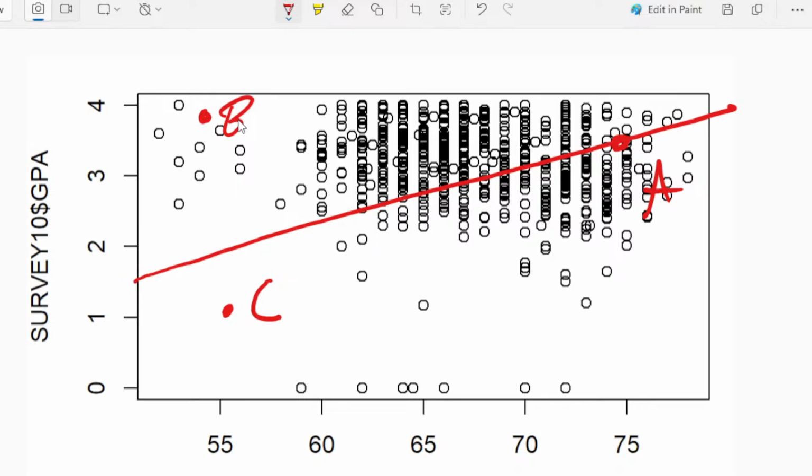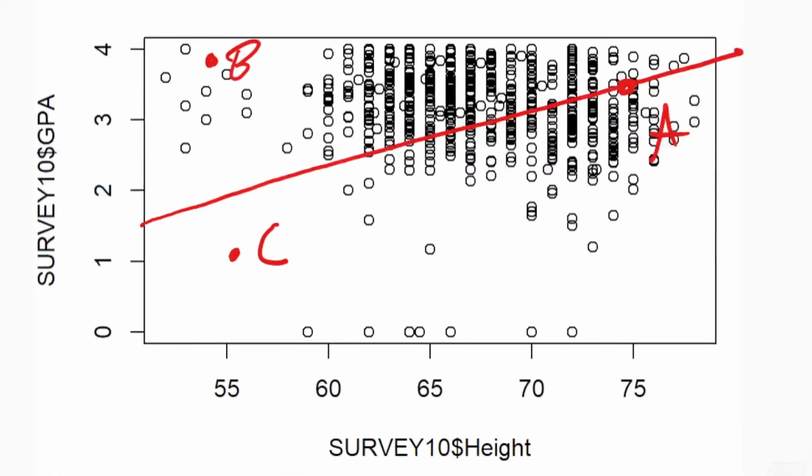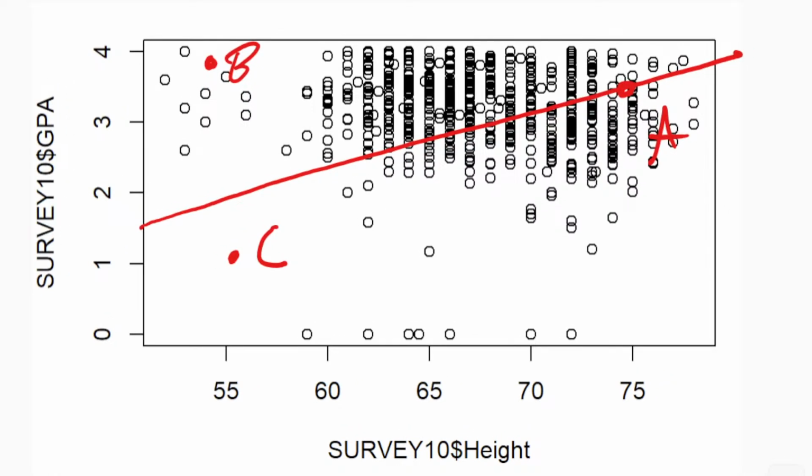This isn't meant to trick you, because we shouldn't even be adding a line to this. Which of these points would require the most extrapolation? Extrapolation is when you deal with your x's and look for unusual combinations of the x's that do not follow the central trend of the x's. It would be C, you are correct. You don't look for the linear relationship between the x's.